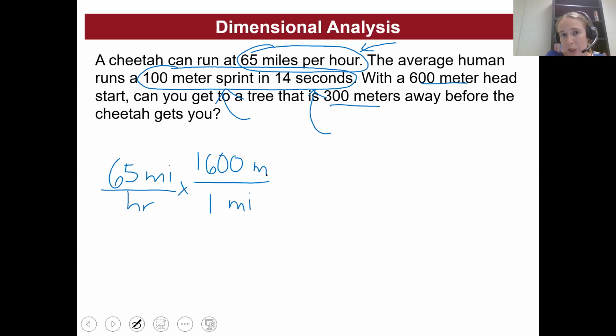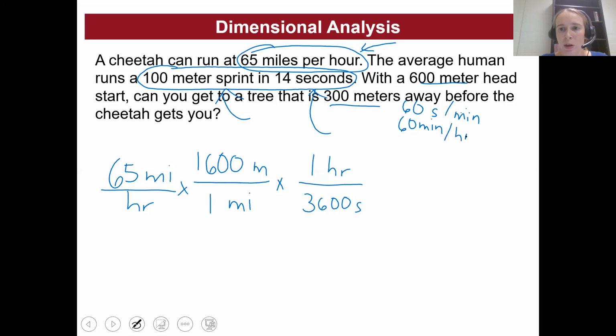You can go back there and check if you didn't remember this conversion factor. And there is 1 hour in 3,600 seconds. So that's 60 minutes and 60 seconds per minute, 60 minutes per hour. You multiply them together to get 3,600 seconds per hour.